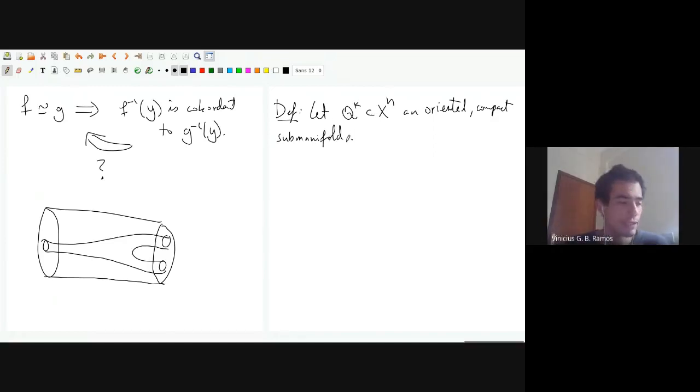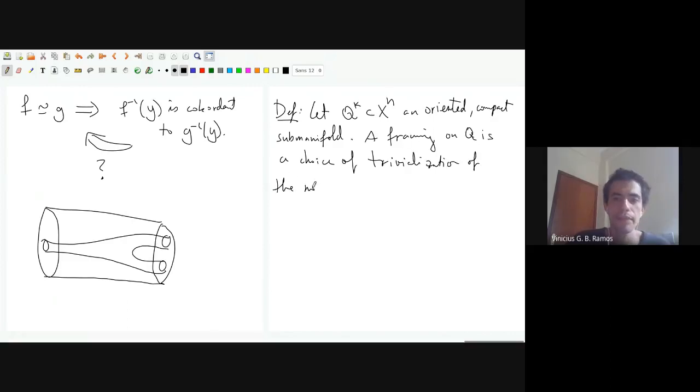Actually, it doesn't have to be oriented to talk about this, but anyway, let's do it anyways. A framing on Q is a choice of trivialization of the normal bundle.